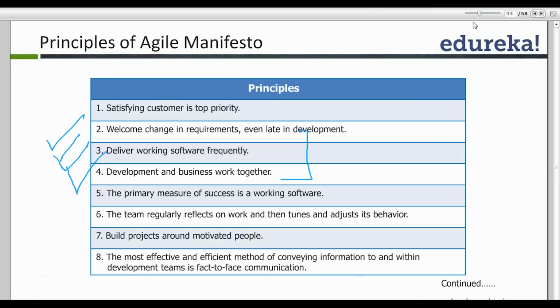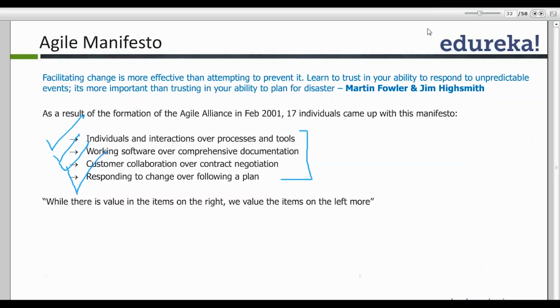Now these 4 value statements, what do they mean, or what is the significance of these 4 value statements? What it means is that in any agile project, we give more focus or value to the individuals and the interactions which they have within themselves, rather than always showing what the process is or what the tool is. We give more value to the individual interactions and communication which happens, rather than focusing on comprehensive documentation.